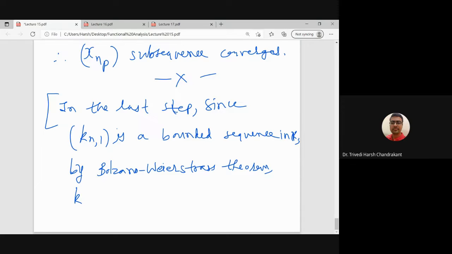So let us say this subsequence is k_{n_l}^1, which is a subsequence of this sequence and it is convergent.